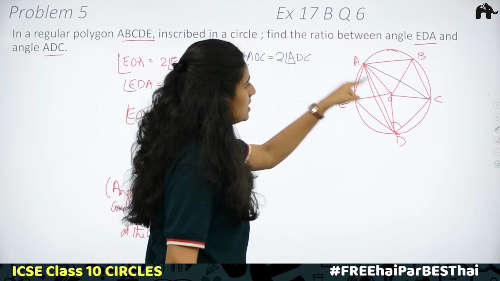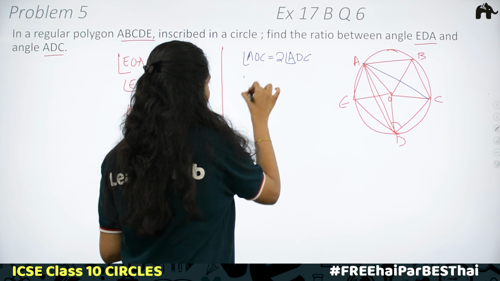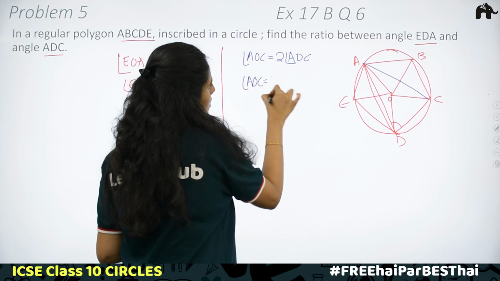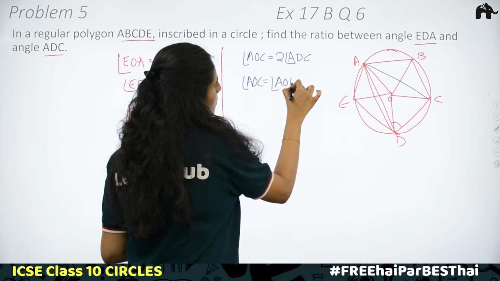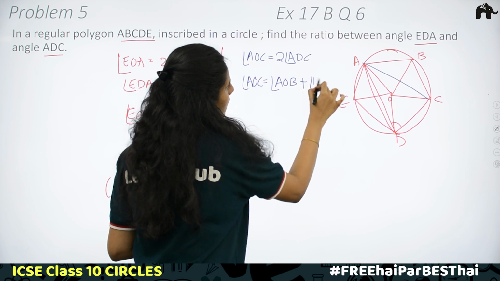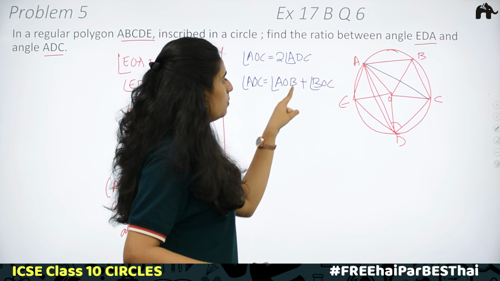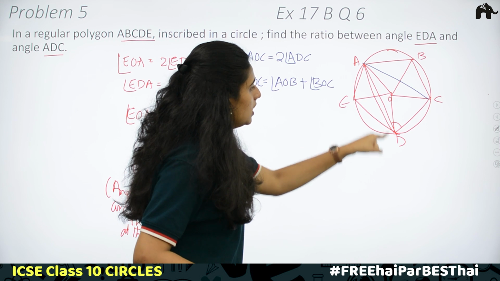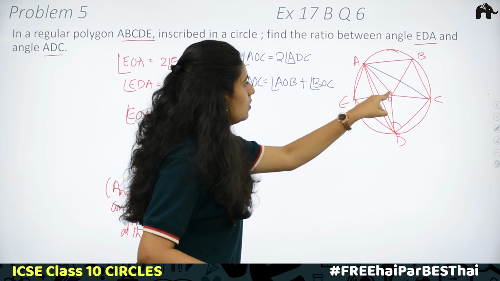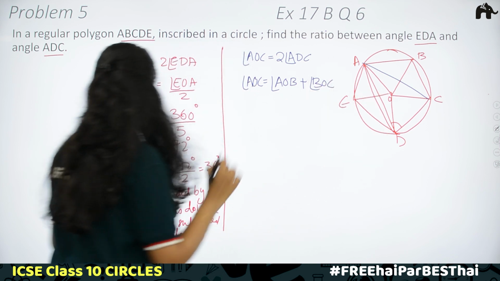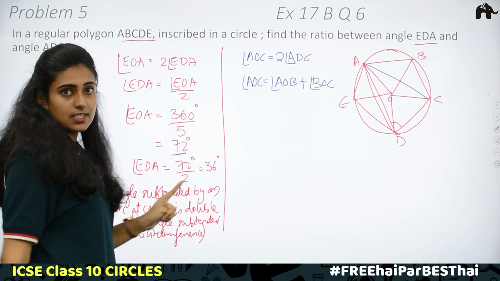Okay. Now, what is AOC? Angle AOC is equal to angle AOB plus angle BOC. AOB, BOC, COD, DOE and EOA are all equal and the value will be equal to 72 degrees. Right?